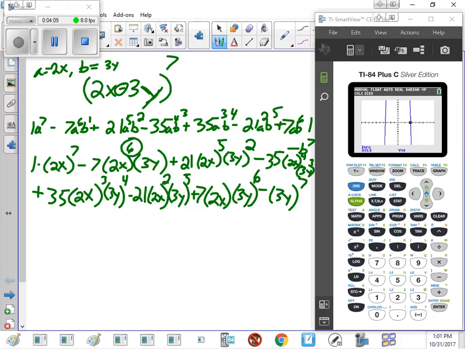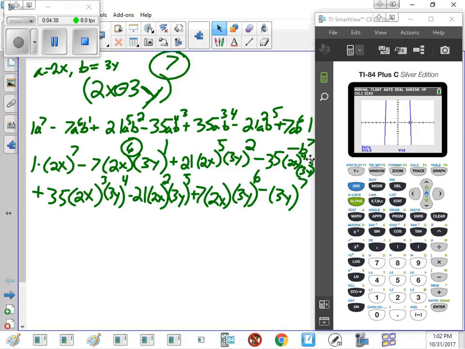So this exponent and this exponent add up to be 7. So 5 and 2 add to be 7. 4 and 3 add to be 7. 3 and 4 add to be 7. 2 and 5, 1 and 6, and 7. So your exponent of A plus your exponent of B will always tell you what row you're on as far as the triangle is concerned. Okay, now what do we do?